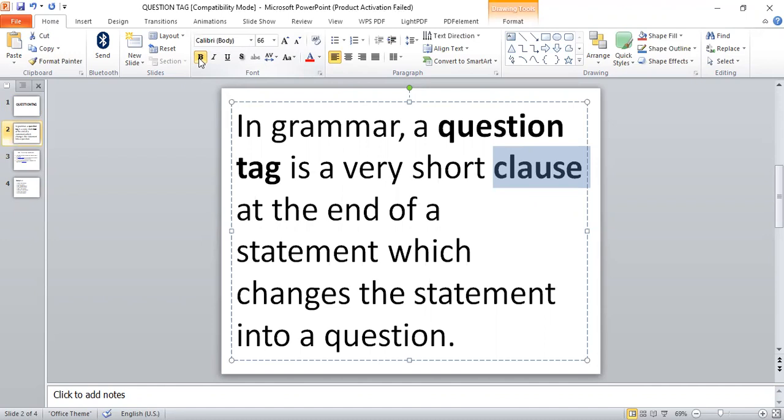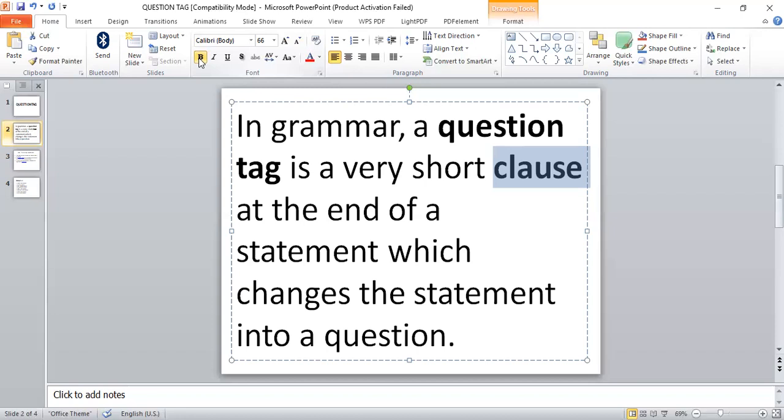Which means that a statement that is given or expressed will change to a question when a question tag has been added to it. Note that the question tag you are adding is a very short clause, such that when you add it, it changes the given statement into a question.